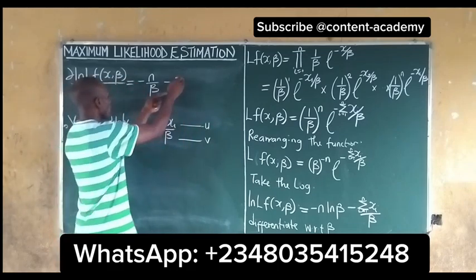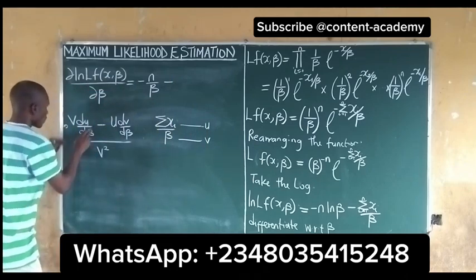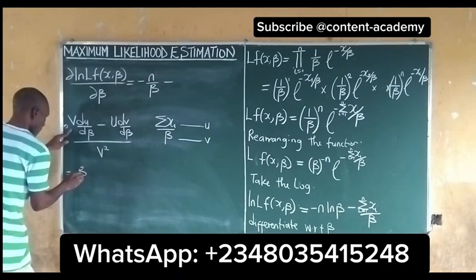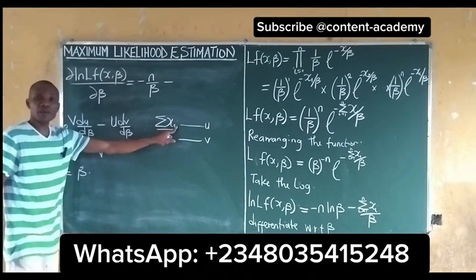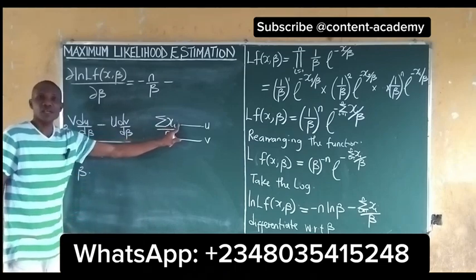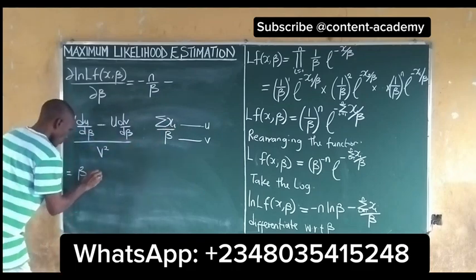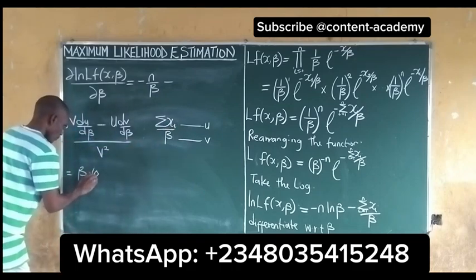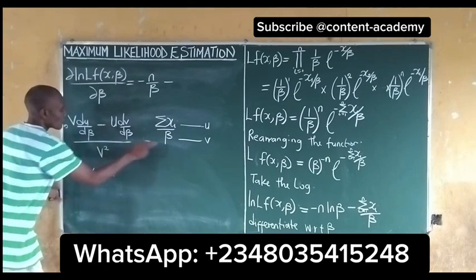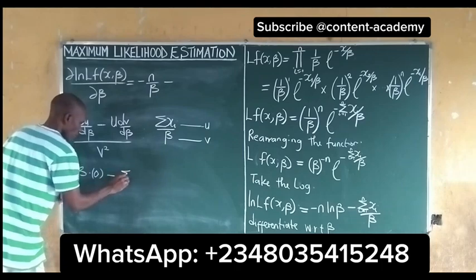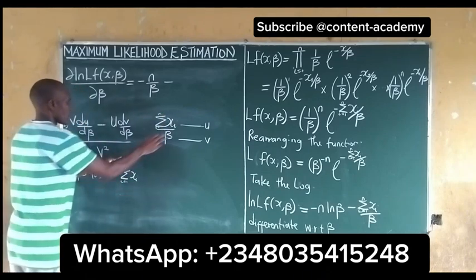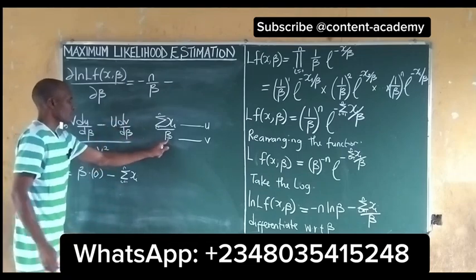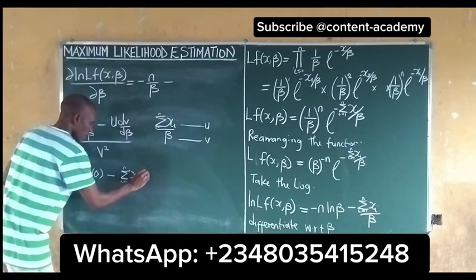Well, anything we differentiate, we'll now put it here. It will be equal to v. V is beta multiplied by the du all over d beta. The du all over d beta, since we don't have anything of beta here, it becomes 0. Minus u. U is summation of x_i as i running from 1 to n. Then the dv all over d beta. The dv all over d beta is 1.